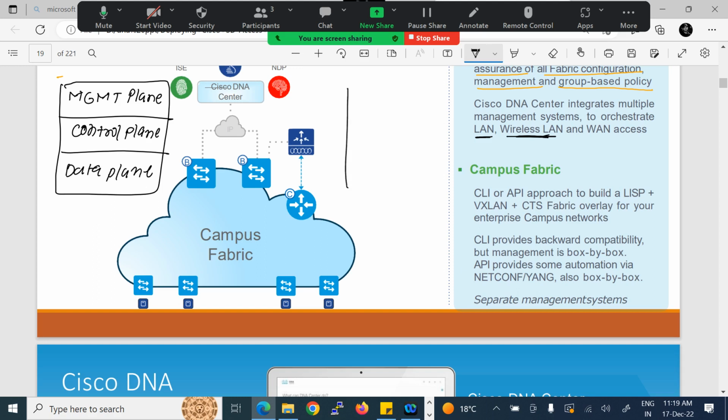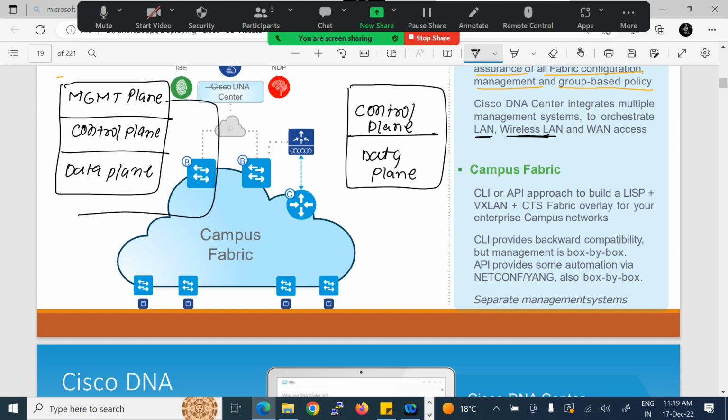Mainly we have two planes, control and data. The management plane you can say is a sub plane of the control plane, right?